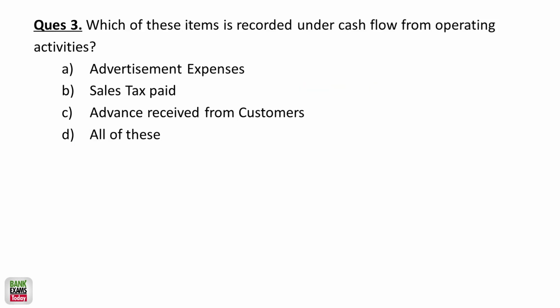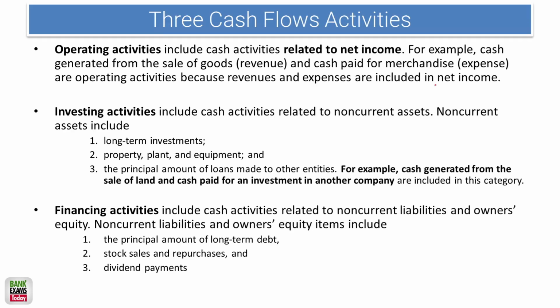Which of these items is recorded under cash flow from operating activities? First of all, we can divide the cash flows into 3 different parts. For example, you produce ball pens. All the activities that are related to the sale and purchase of ball pens are operating activities.